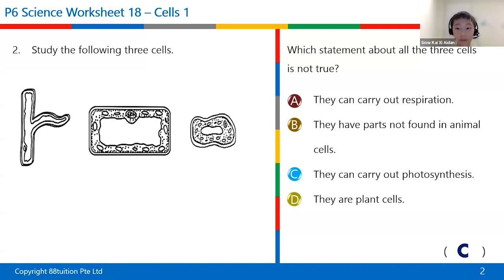The first one. The first one is the root cell, right? Is it just the first one? Yes, because the other 2 cells both have chloroplasts. How do you tell? Because of those little circular structures inside that are not the nucleus, because there is more than one of them.